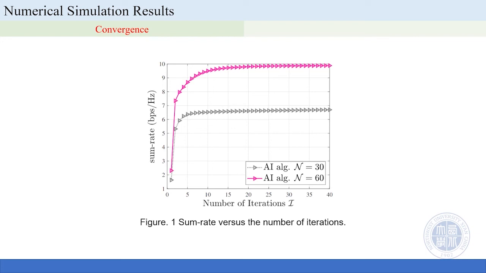It is observed that the sum rate achieved by the AI algorithm converges to the corresponding point after a few iterations, which demonstrates that the proposed AI algorithm has good convergence behavior. Besides, the convergence speed for N equals 60 is slower than for N equals 30, which indicates that the convergence speed is sensitive to the size of the IRS.